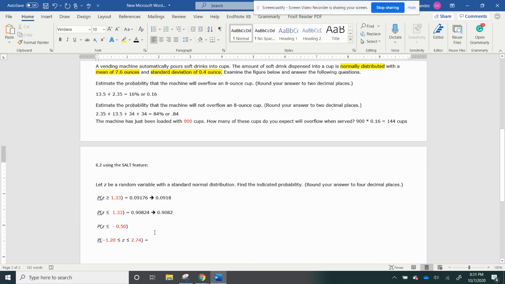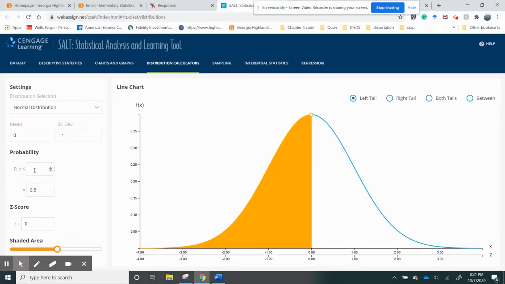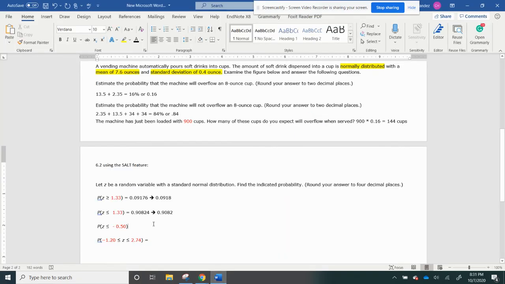Because it's less than or equal to. Then I enter negative 0.50, I hit enter and it gives it to me. So the probability of negative 0.50 is right here, I put it here, and you get 0.3085.